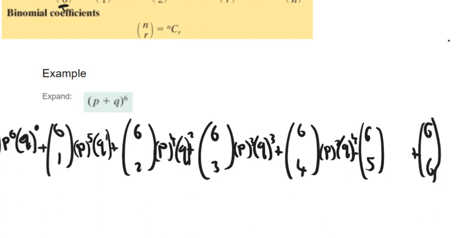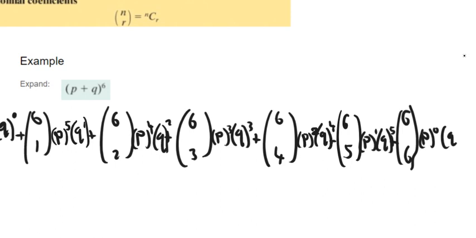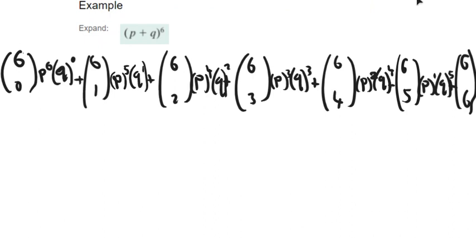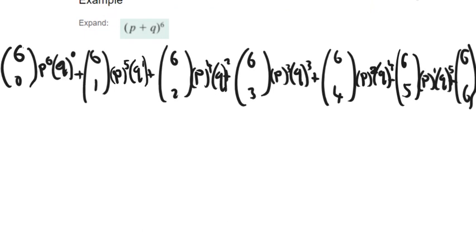And then we keep going: p to the power of 1 and q to the power of 5, and then p to the power of 0 and q to the power of 6. And then that's going to be it. We need to just simplify down each thing now.